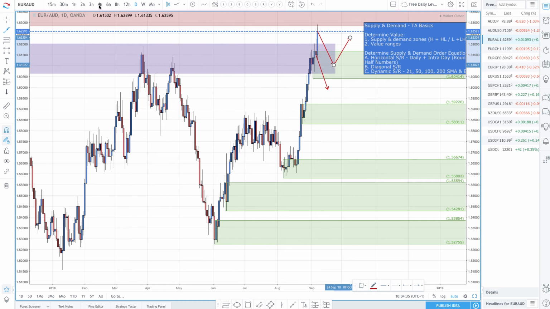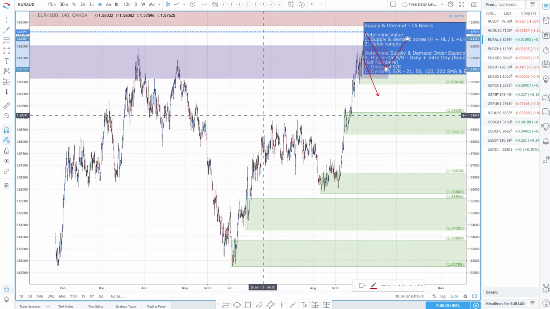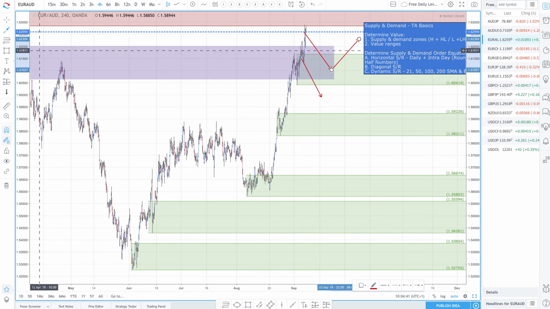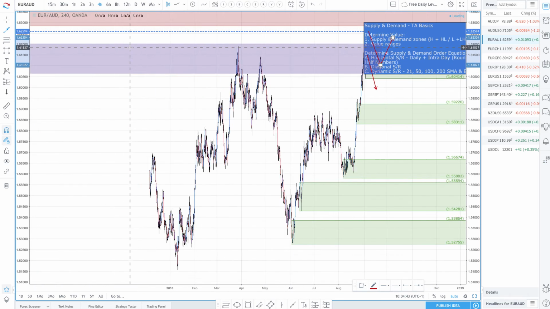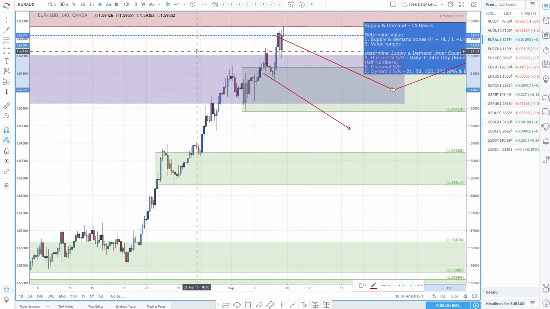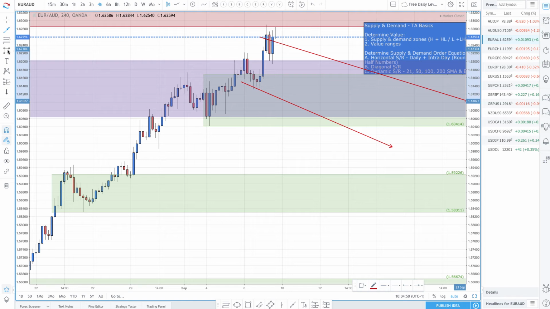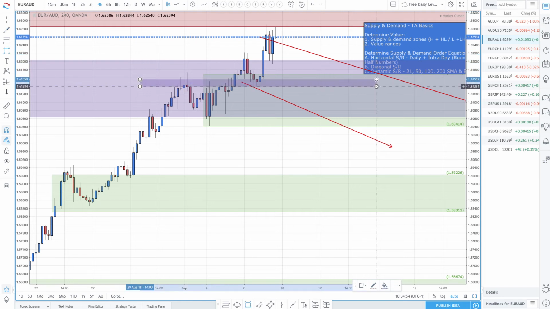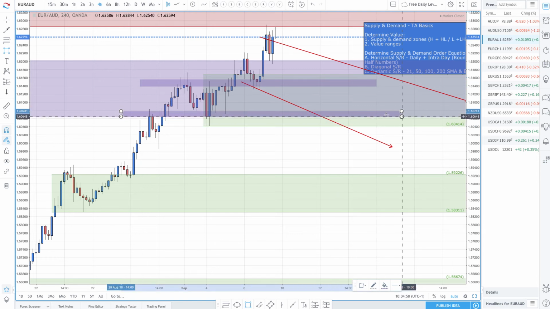So if we go down to a lower time frame, what you'd be looking for is where there's some supporting evidence. I'd probably say somewhere like here, right around here, and then probably the lower end of this area here.